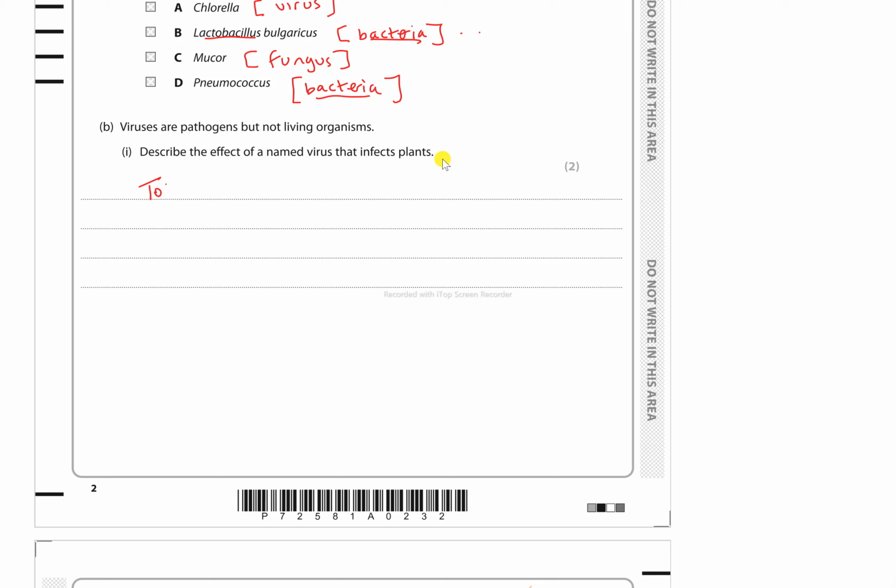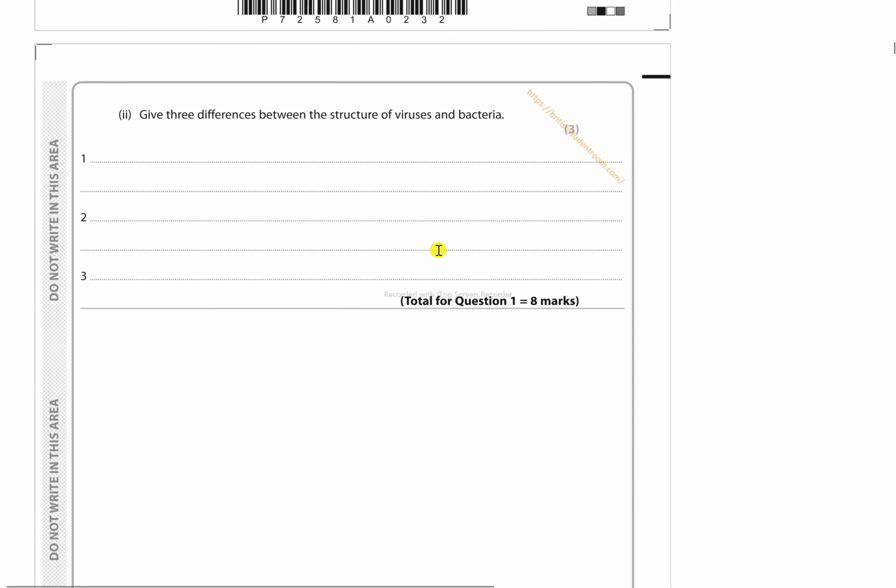It's the tobacco mosaic virus, and it causes the leaves to discolor, turns them yellow or white or whatever. It reduces the amount of chlorophyll, so then there's less photosynthesis and so on.